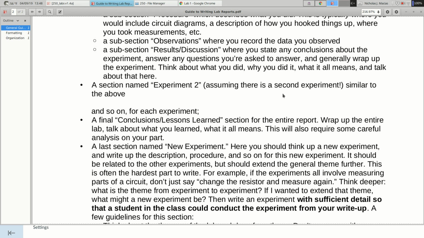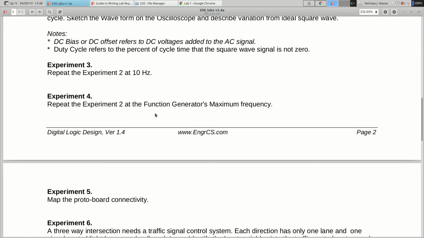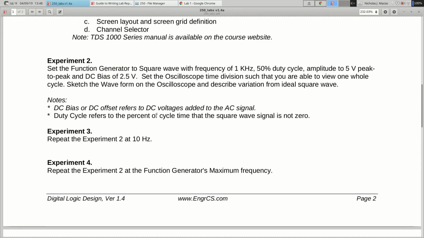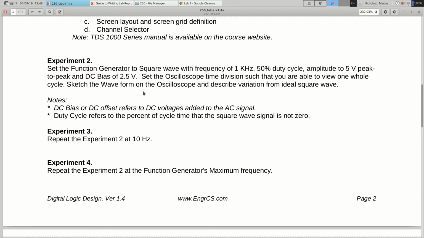So, for example, experiment 2 has a lot of detail to it, right? So experiment 7 should not be something like build an amplifier, right? Or build a circuit that turns lights on and off every second.